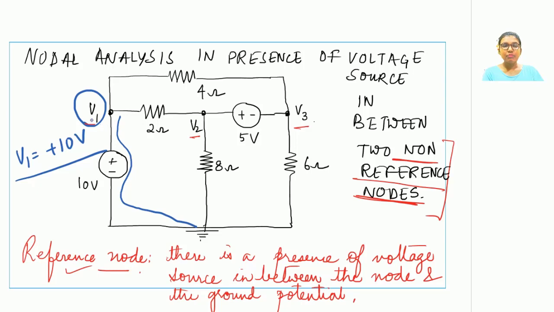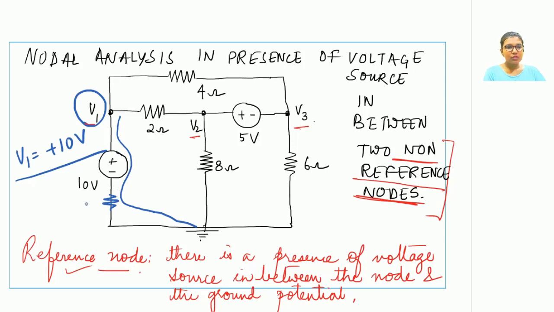In the previous lecture, I had discussed one important hint about this reference node, and I would like to repeat it here once again. Over here in this question, there is only a voltage source present in between the node and the ground potential. What if there had been a resistor in series with that voltage source?